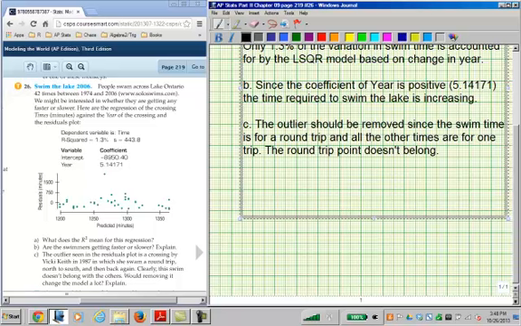Changing the model, that is having influence, means essentially changing the slope. So removing that point would not significantly change the slope of the line, B sub 1, which is 5.14171. Removing the point would strengthen R, and it would make R squared bigger. But it would not change the model a lot.